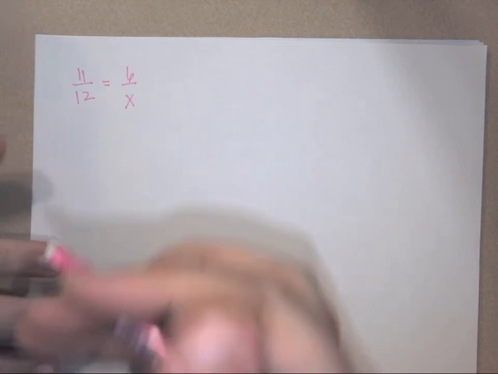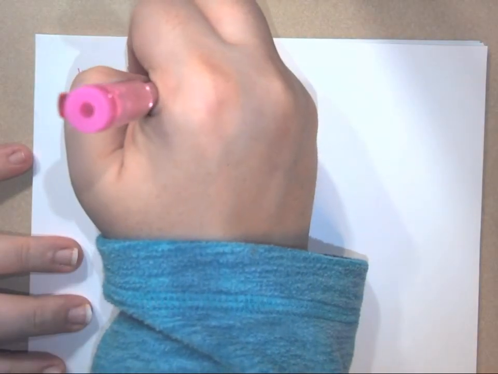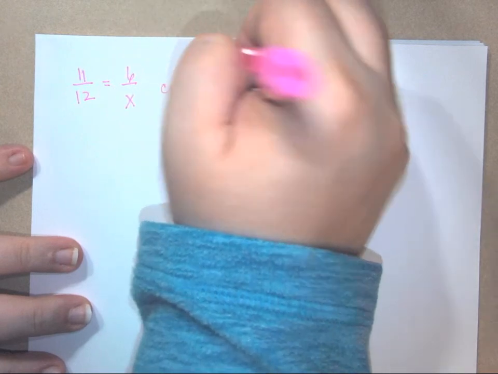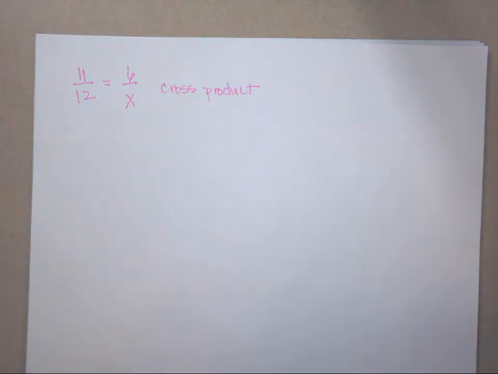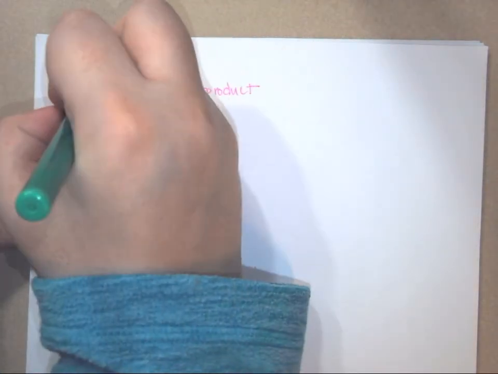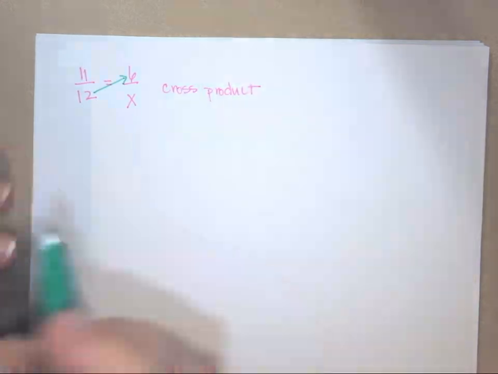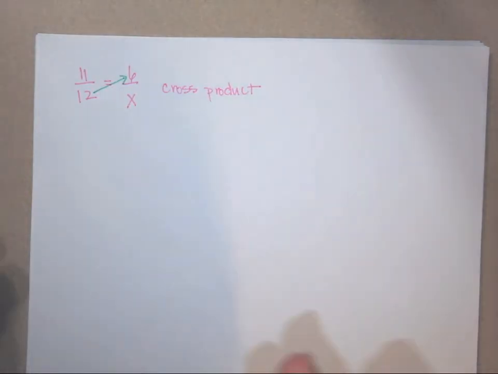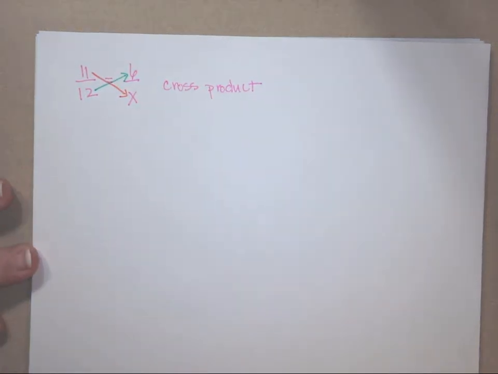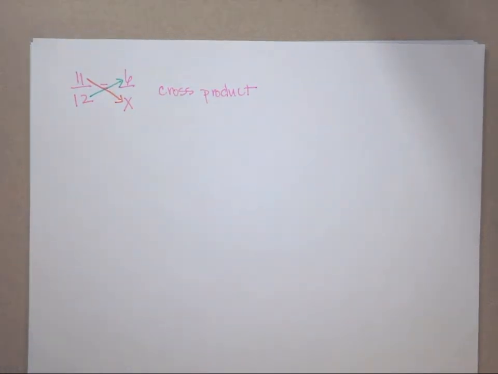So in order to do this, we are going to use cross product. If you remember from earlier, cross product says we're going to take the bottom of one side to the top of the other, and the top of the one side to the bottom of the other, and basically do what's called the cross product across the equal sign.